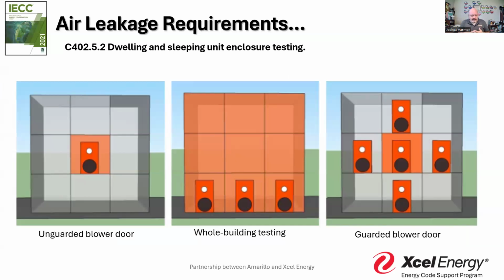And so what the code says is when we do that test, we want to do it in an unguarded blower door test, because ultimately this unit should be responsible for only this unit. We can do a whole building, or we can do unit by unit. We don't create unnatural pressures surrounding that unit.